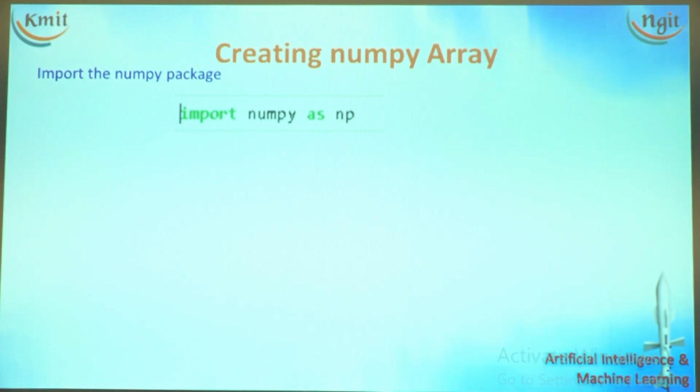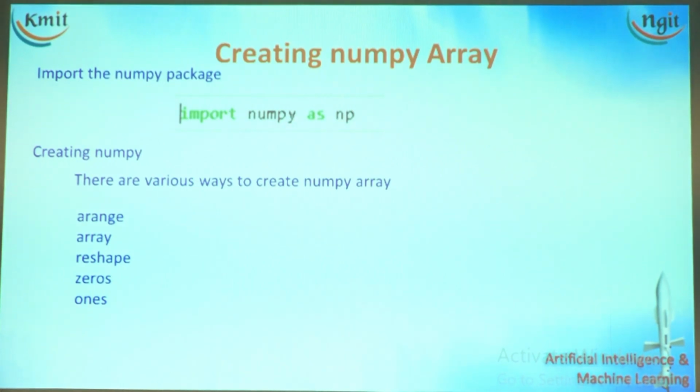Import NumPy as np. You can basically use any name, but that's the standard global convention, and it makes other global code more readable. So import NumPy as np and then you create a NumPy array. There are various ways in which I can create a NumPy array, like the arange method, or the array and reshape methods, etc. We are going to see one by one how we can create an n-dimensional NumPy array.